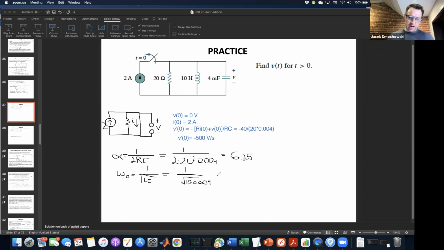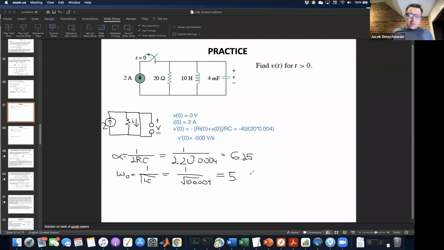And when you work this out, you get a value of 5. It becomes 1 over 0.04, so 1 over 0.02, which is 1 over 0.2, which is equal to 5.